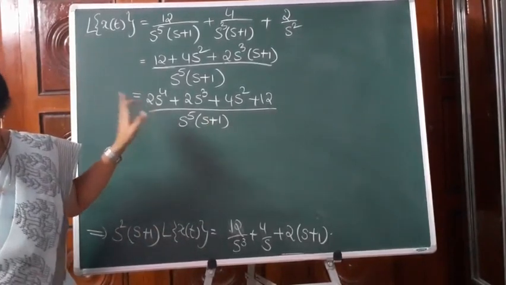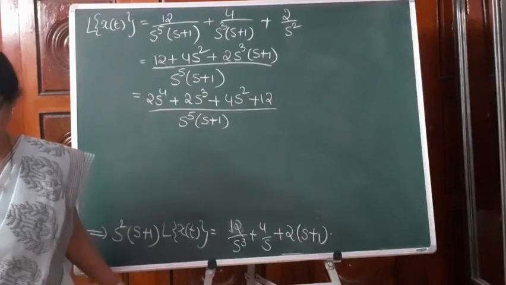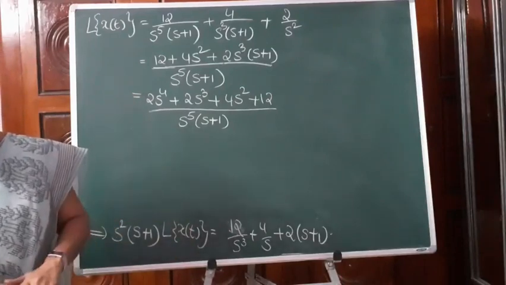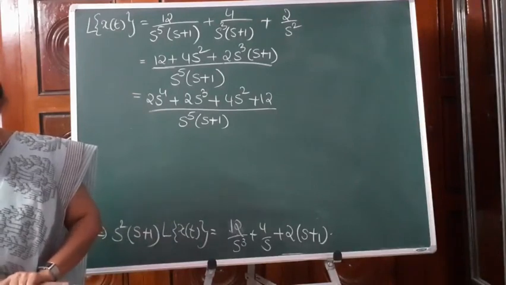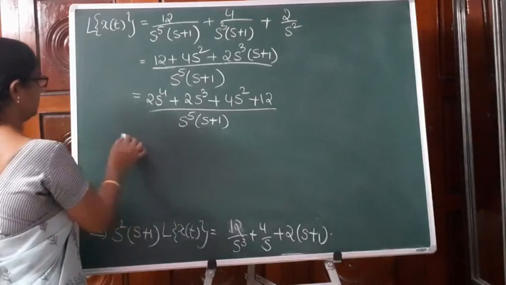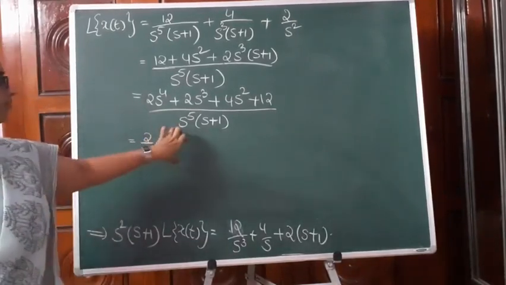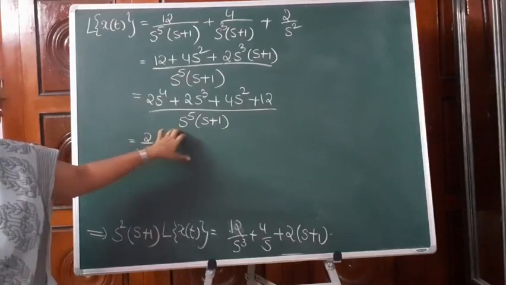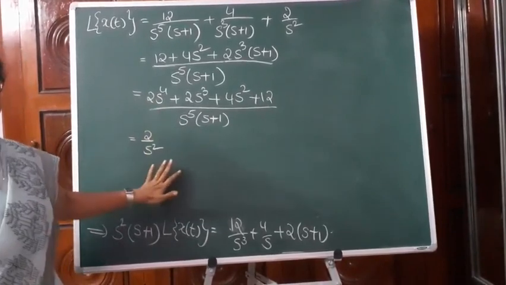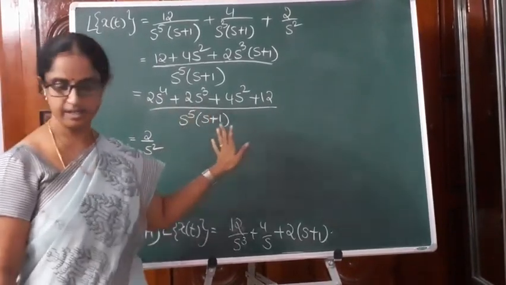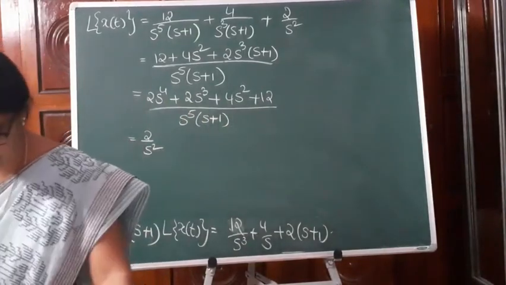Now we break this into partial fractions. Here I am skipping the part of finding the partial fractions. It is simple, you can resolve the partial fractions. I just write here the partial fractions which I obtained after simplification.